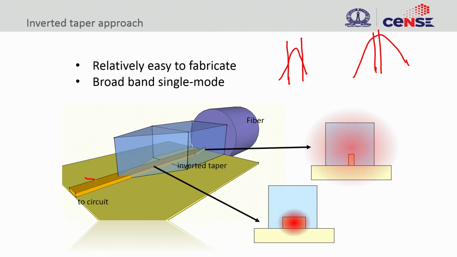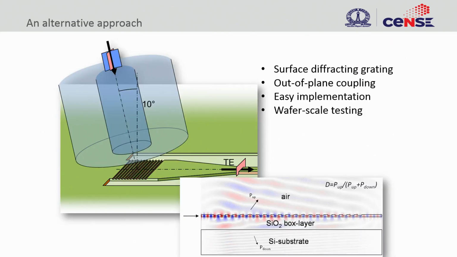We have a waveguide mode here, and then we stretch the waveguide mode so that it occupies a large area, and this area can be overlapped with the fiber, right, so that you have coupling in this region. Okay. So, this is inverse taper based coupling, and these couplers are broadband. So, there are a lot of wavelengths that you could couple in, so that you can realize this sort of structure. An alternate approach is to use grating.